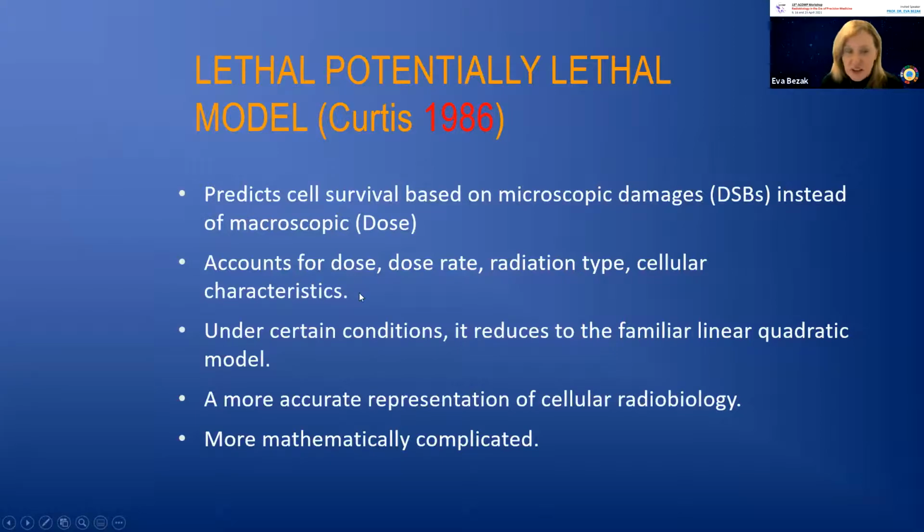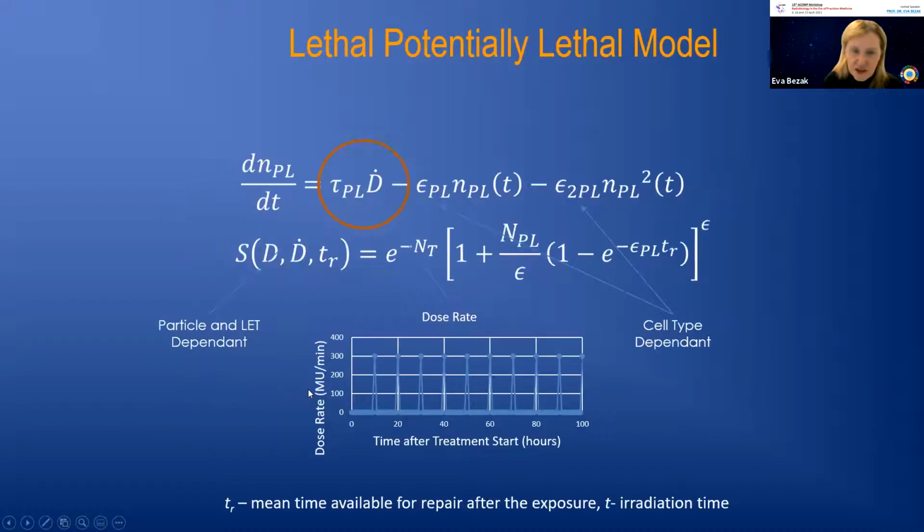It is more sophisticated because it also accounts for dose rate, radiation type, and cellular characteristics. And under certain conditions, it can reduce to your familiar linear quadratic model. So it really represents more accurately the cellular radiation biology, but is mathematically more complicated. I don't need you to understand this model.